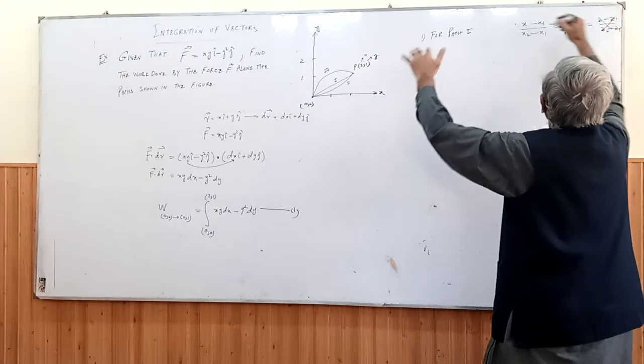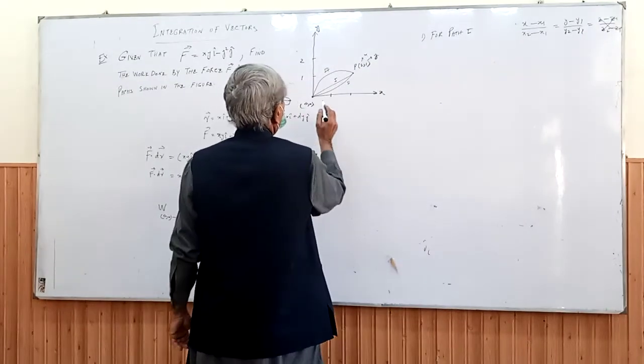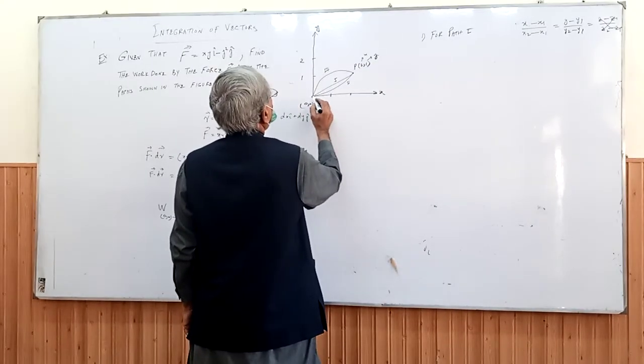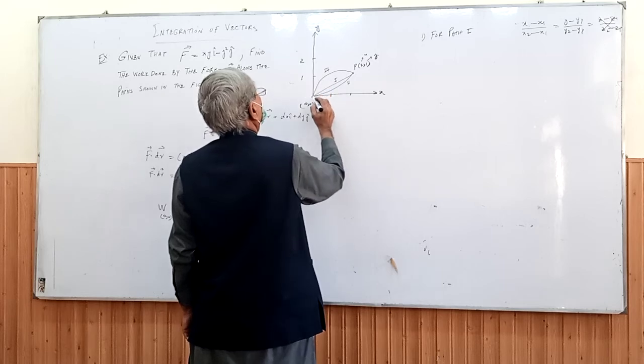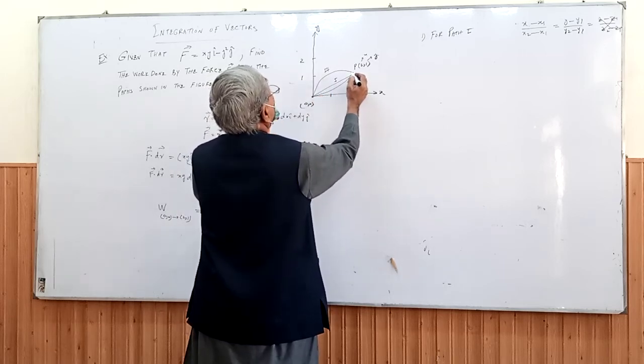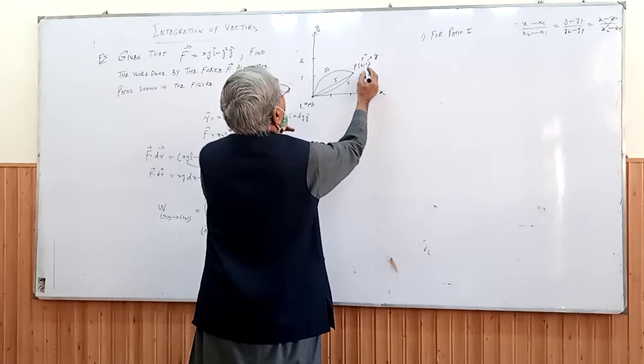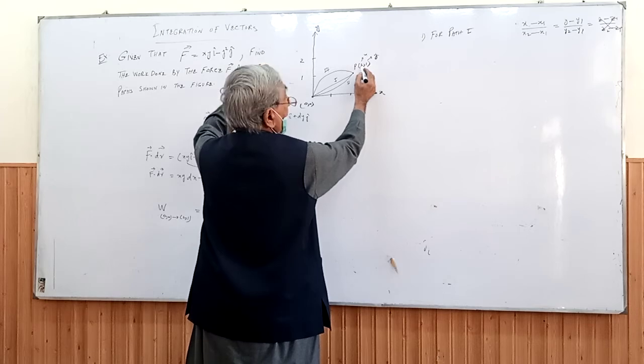The other thing is, you know that this is a straight line. This is the origin, and that is the point you have to reach. And you see that y is half of x.